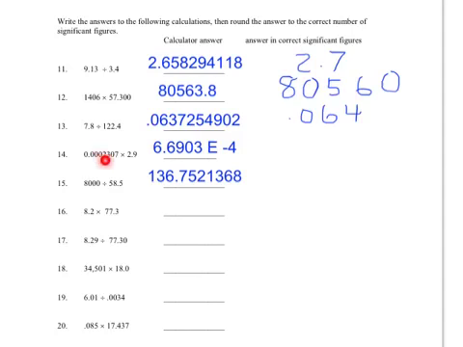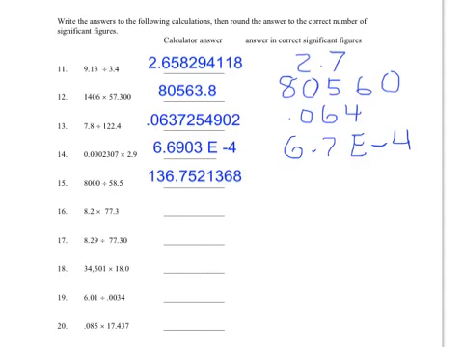I have 4 significant figures here, I have 2 significant figures here, I'm limited to 2. I'm going to keep the 6, and I'm going to keep this 6, and that 9 tells me that this one has to be rounded up, so I'm going to record this as 6.7, and then for right now you can just write e-4, or if you prefer you could say times 10 to the negative 4th. Again, more on that tomorrow.